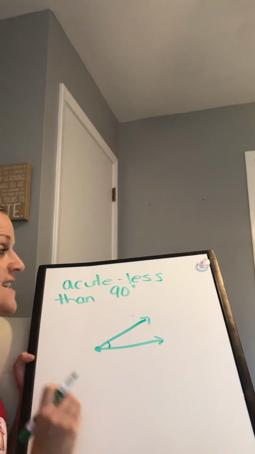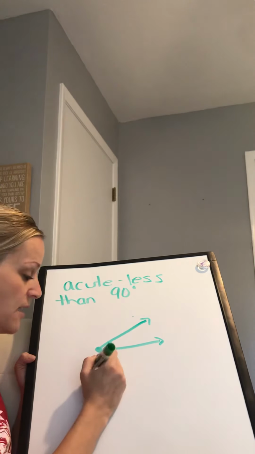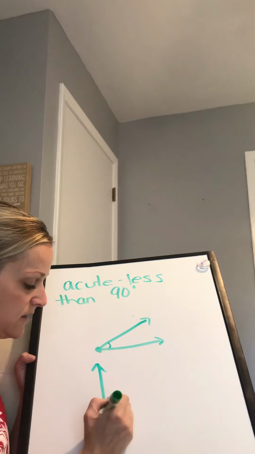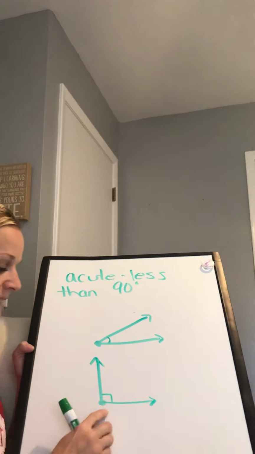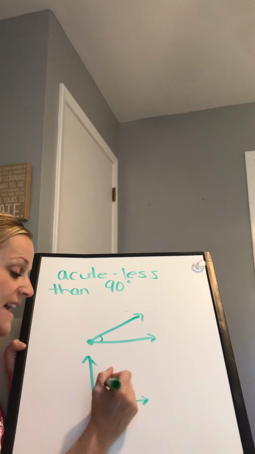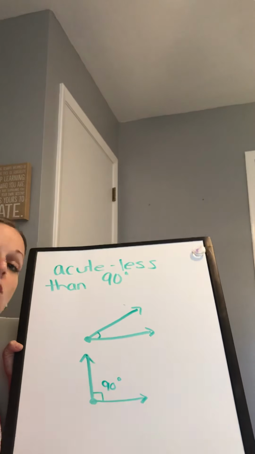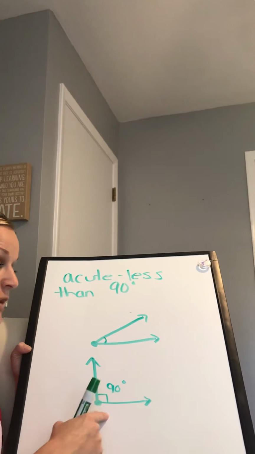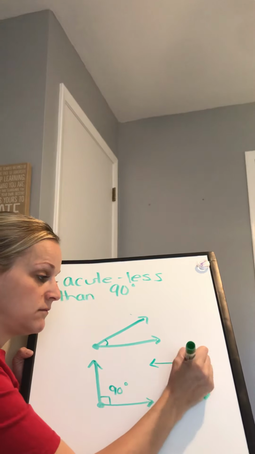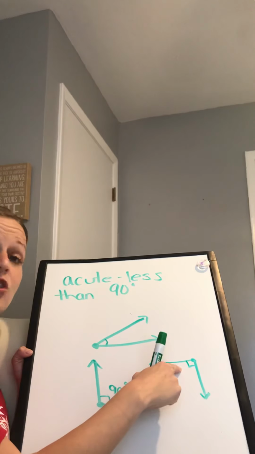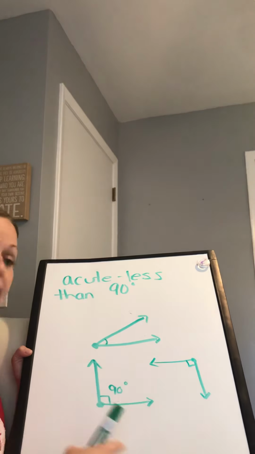A 90-degree angle makes a perfect L shape. It has that square corner there. That's 90 degrees. And I could draw that any way. It could look like this. That's got a square corner. That's 90 degrees. I could draw it any way that I want to.